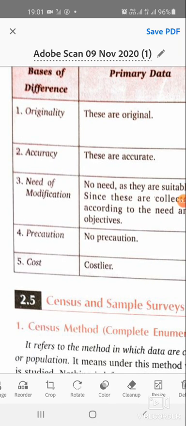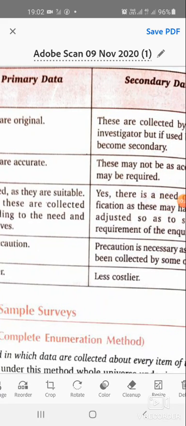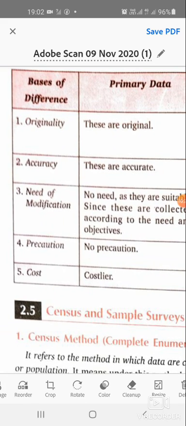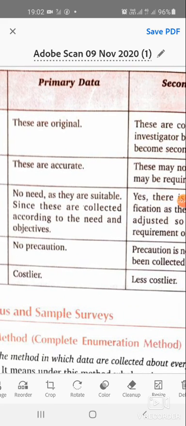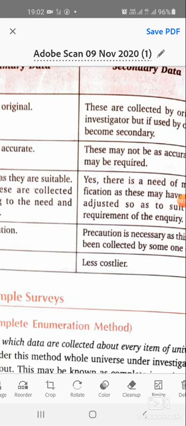Third, need of modification: primary data cannot be modified because you are collecting it yourself, while secondary data can be modified according to the situation. Precaution: no precaution is required for primary data because you collect it yourself, but before using others' data, you have to be a little cautious. And cost: primary data is of course costly, and secondary data is less costly.